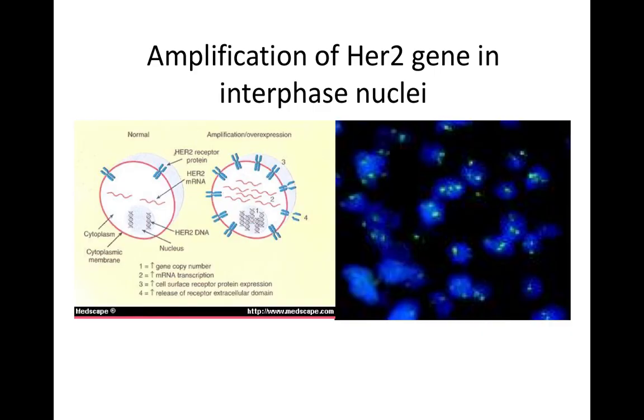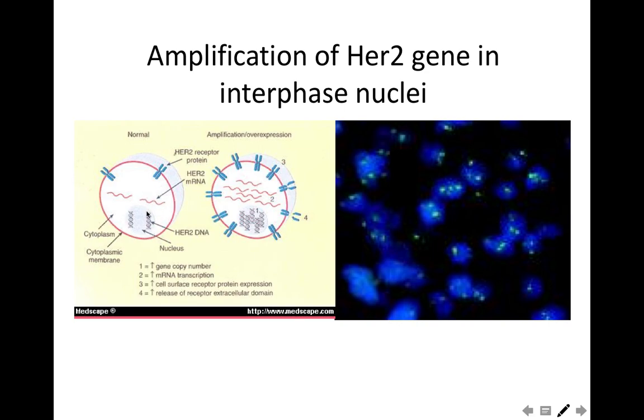Other applications for the fish, again fluorescent in situ hybridization, is to see amplification of a gene. Amplification means increased copy number of the gene. Normally we have 2 copies of the gene, one on each of the 2 homologous chromosomes. This is the normal copy number in a cell.